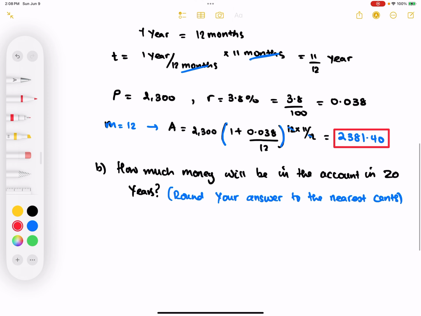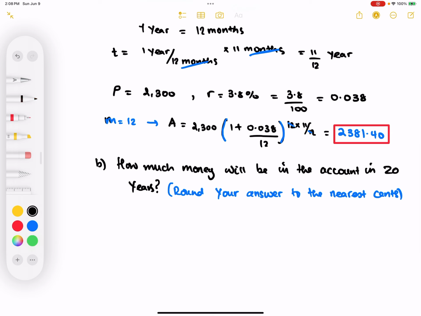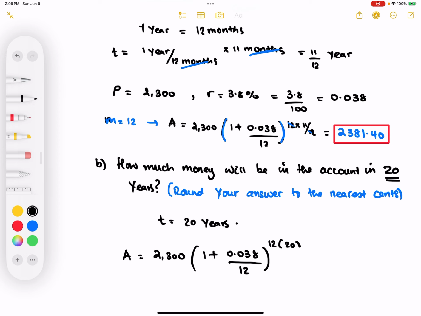Now look at the second one, you just change only this part. Now T is in years, so you have to directly substitute 20 years into the formula. So the future value is the same, 2,300 times 1 plus 0.038 over 12, since compounded monthly, M is 12, for how many years, which is for 20 years.